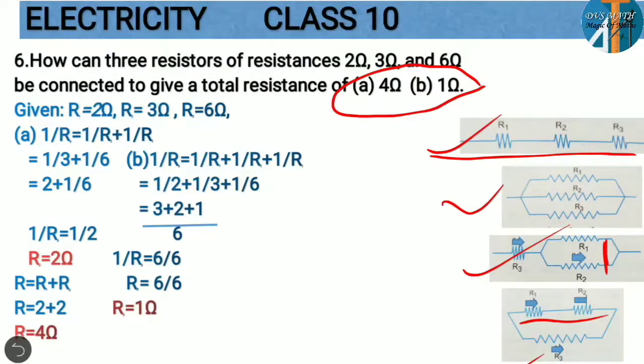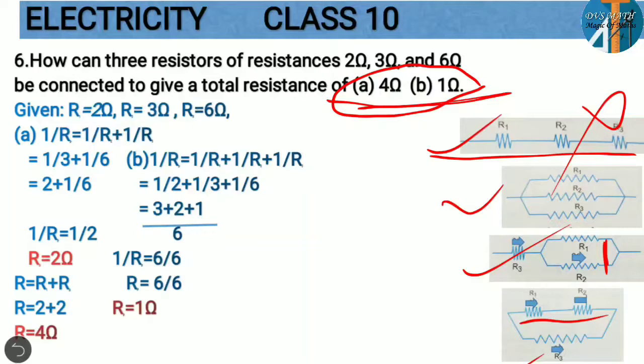Observe, for example, if I consider the first option, all in series, we just add all the resistors. 2 plus 3, 5, 5 plus 6, 11. Is 11 the answer here? No. That means they are not connected all in series. Clear?